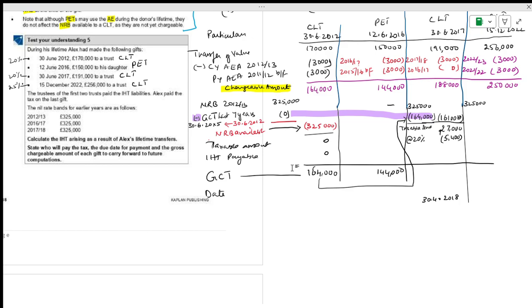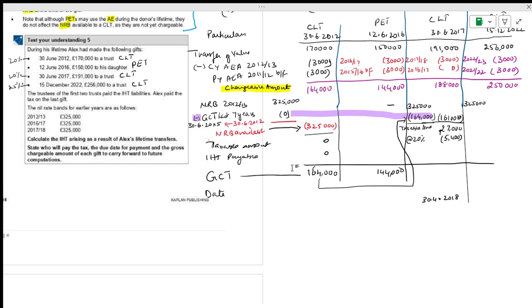What is given in the answer? How much is there in the answer? They deduct the 188, and the balance of the nil rate band is 137. How did you get 188? They use the gross of the previous gift.